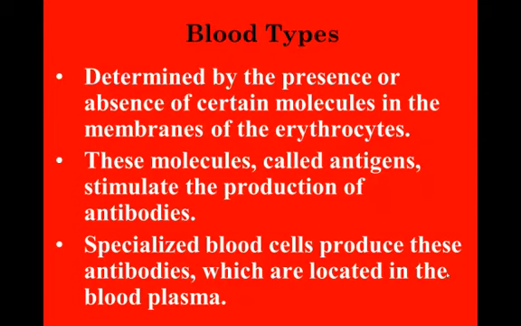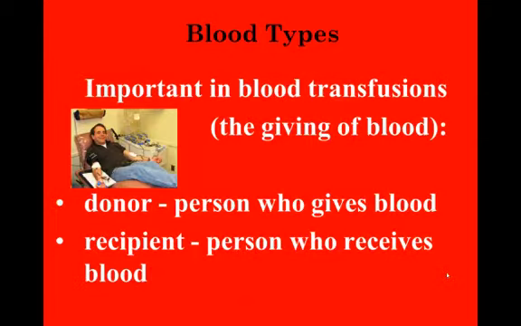So our blood types are determined by the presence or the absence of the antigens. Carl Landsteiner called one antigen A, and he called the other one B. And we'll talk about how you get those different blood types.